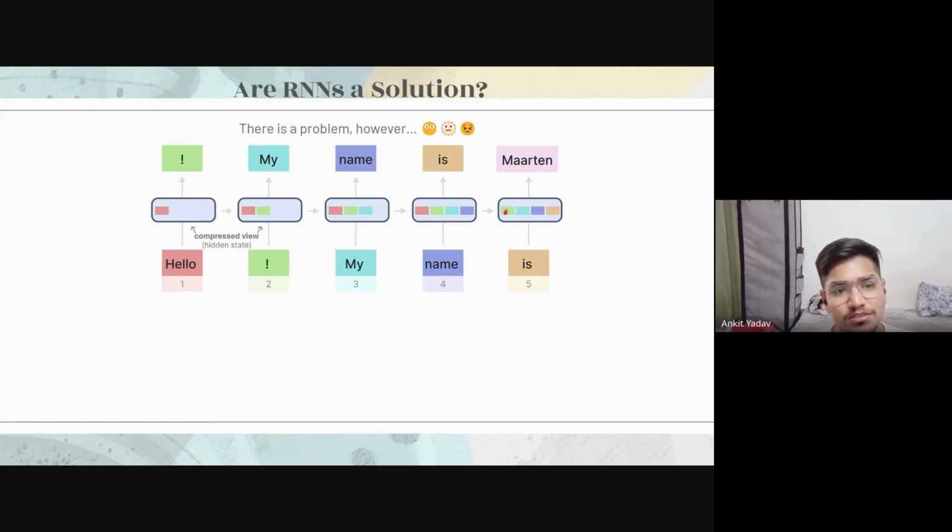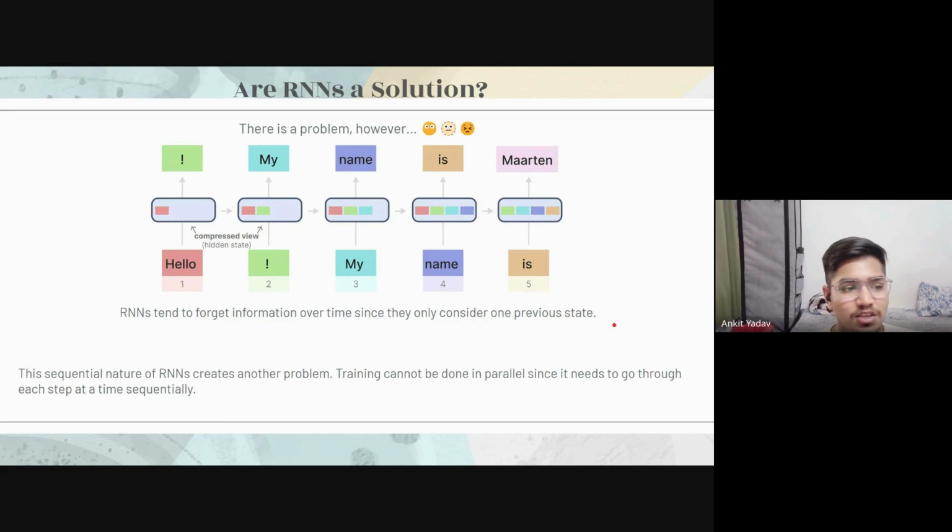So what happens is, if you see, this orange block is missing here now, because it just takes a small window where it can look, and it keeps on looking at the previous step, and over time it forgets the earlier things it has seen till now. So RNNs tend to forget information over time since they only capture one previous state.